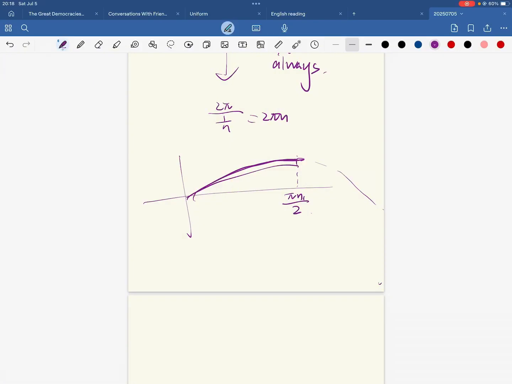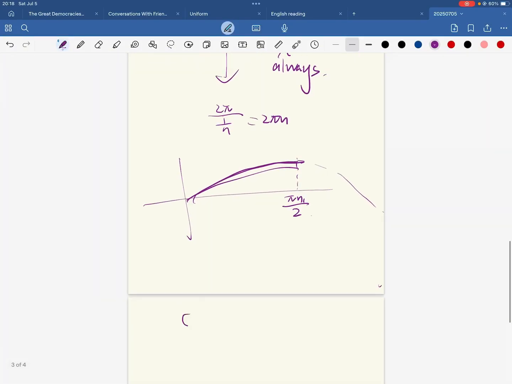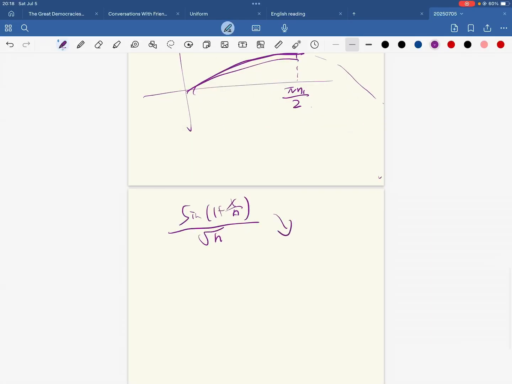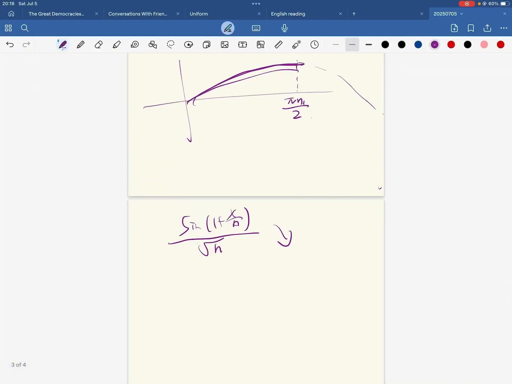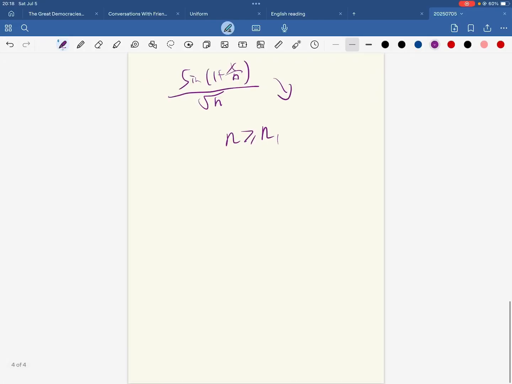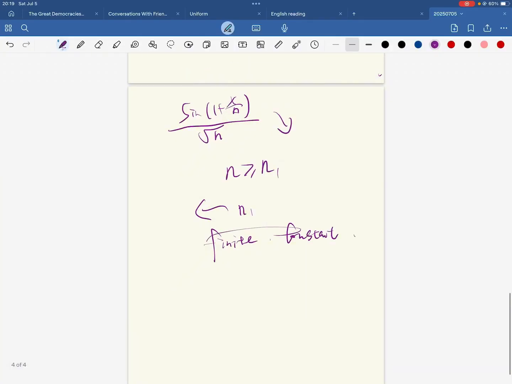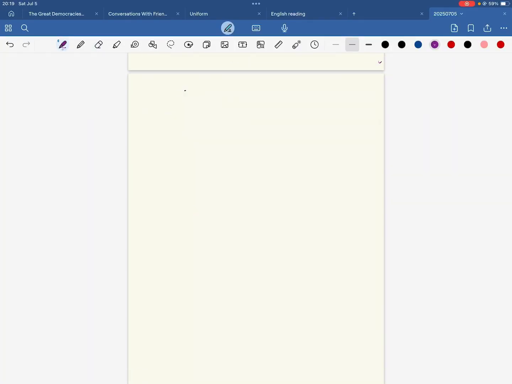If n1 is big enough, then we could say it's always decreasing if n is greater than or equal to n1, and before n1 it's a finite number of terms, so it's a constant. So by the alternating test or Dirichlet test, it's pointwise convergent.